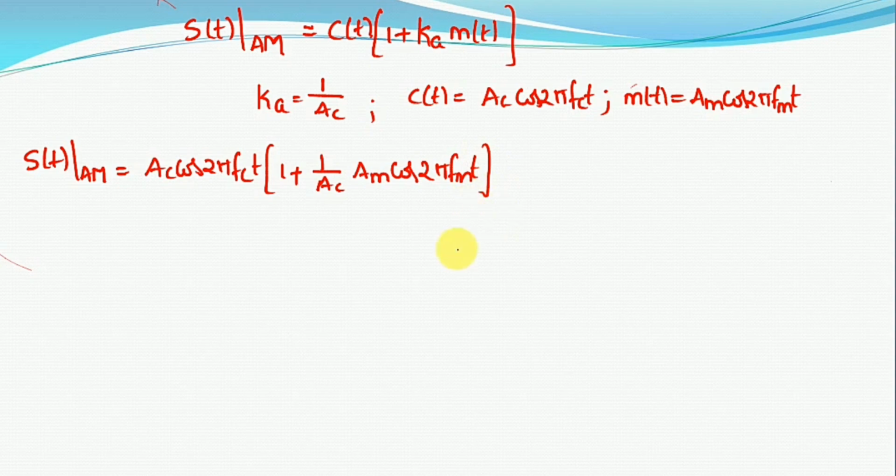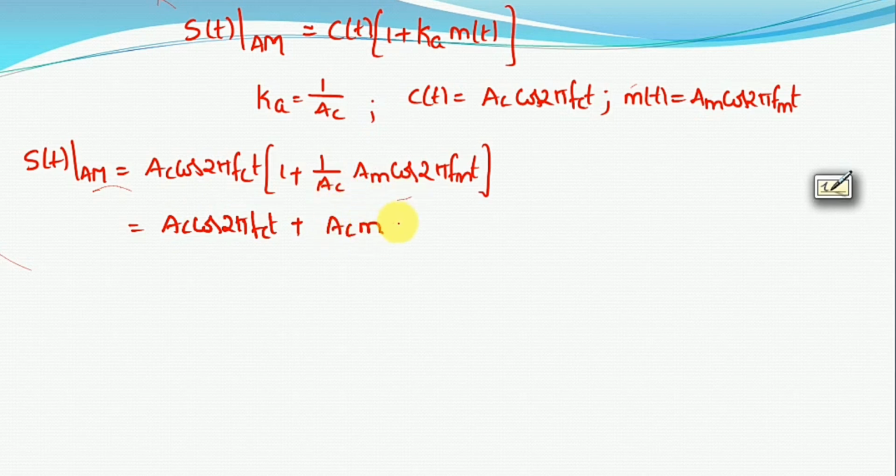Now do simplification, then we will get the s of t expression as Ac cos 2 pi fc t plus Am by Ac. The ratio of Am by Ac I can write in terms of modulation index. So I can write it as Ac into m into cos 2 pi fc t into cos 2 pi fm t.